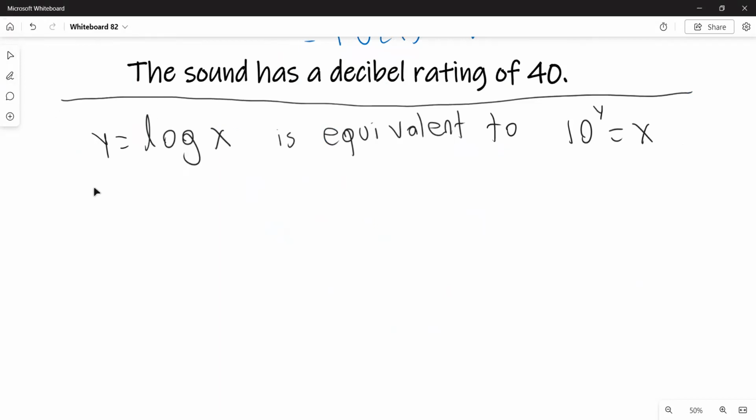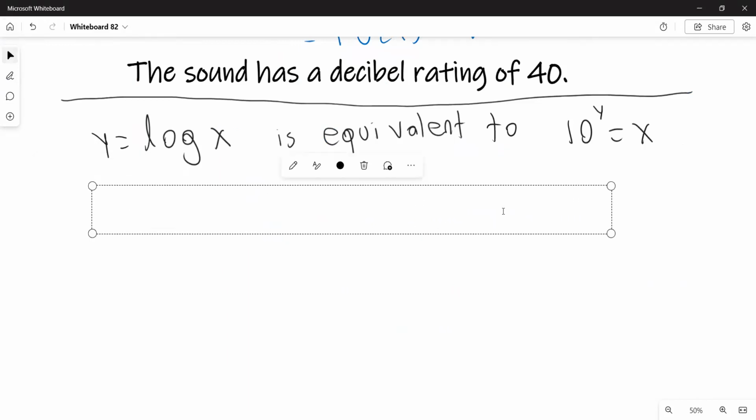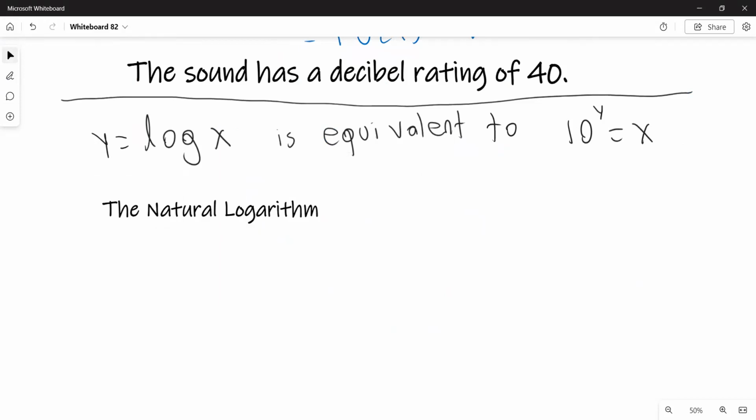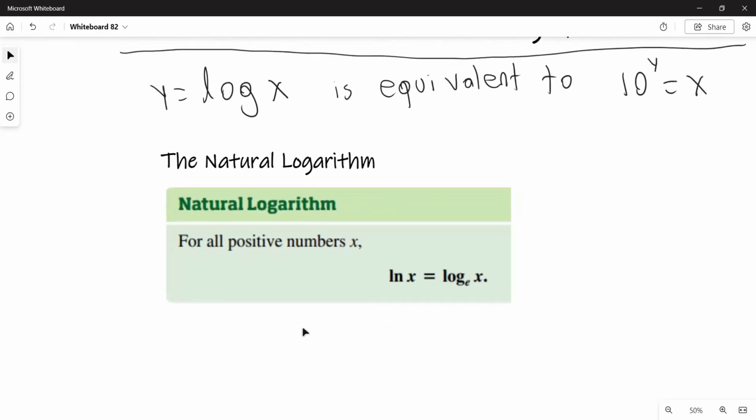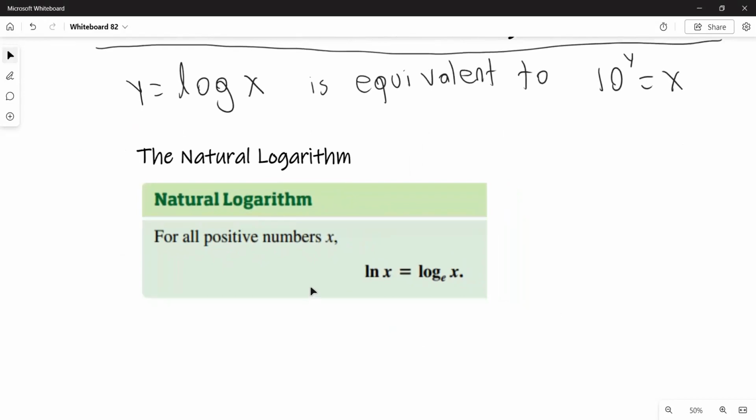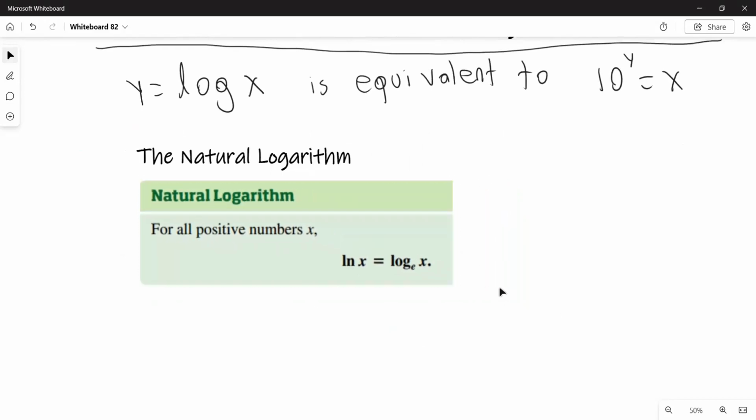And the other important base is base e, the number e. So the natural logarithm is the logarithm with base e. And I'm copying that. For all positive numbers x, the natural logarithm of x is the logarithm with base e.